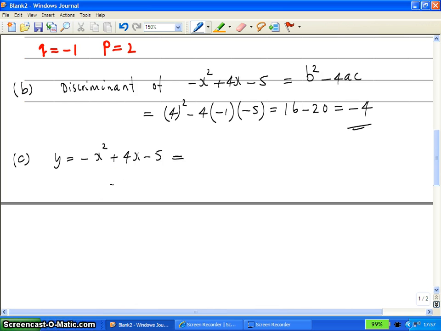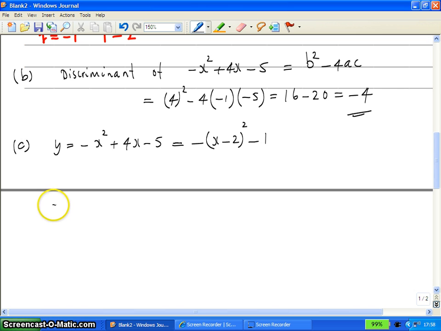It enables us to sketch the graph very quickly. If we recall, that was the same as minus x minus 2 all squared minus 1. So y is equal to minus x minus 2 all squared minus 1.